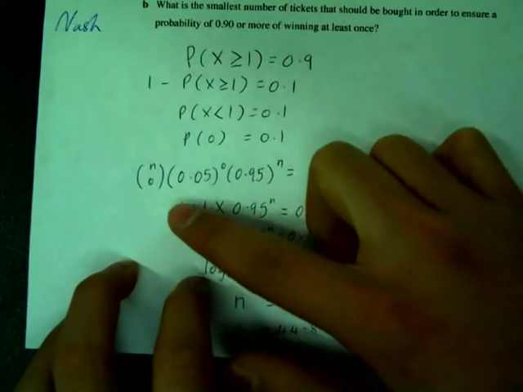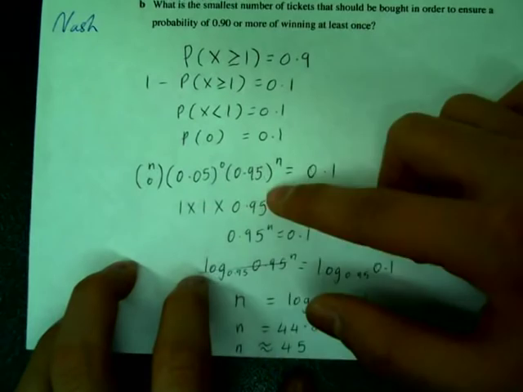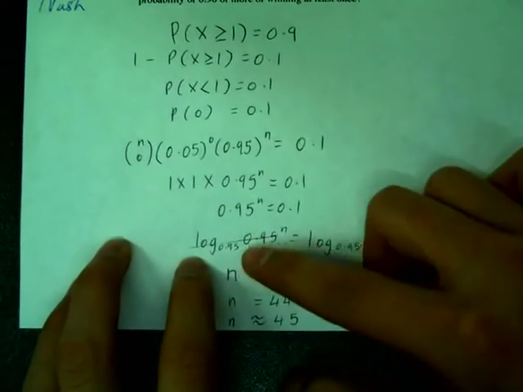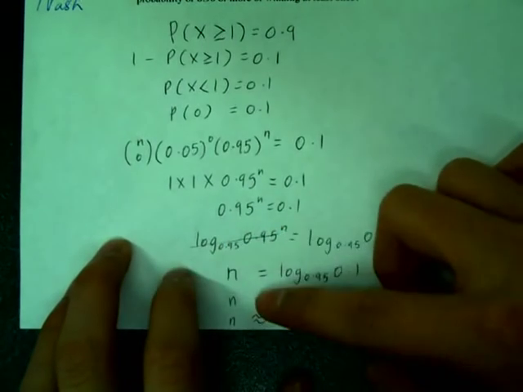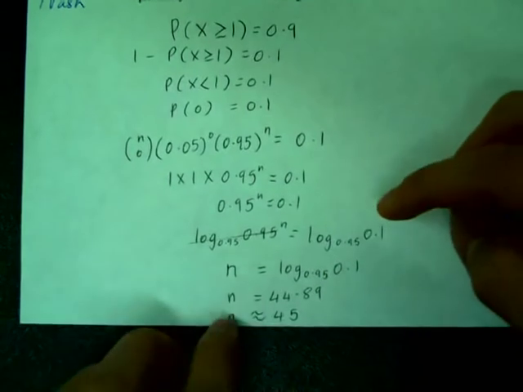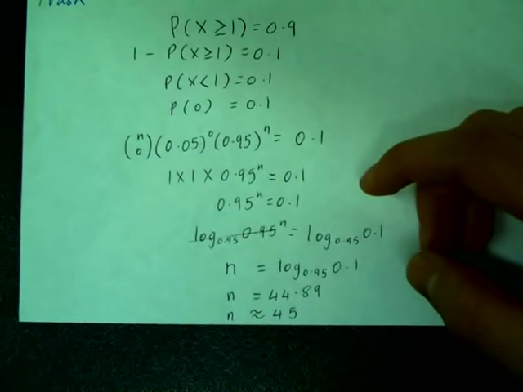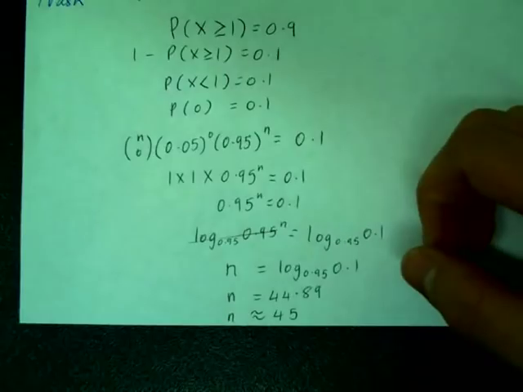Then n choose 0 is just 1, and whatever's raised to the power of 0 is just 1, so you work that out. And you take the log of both sides, so n equals log of 0.1 over log of 0.95, and you put that in your CAS and you get 44.8, and you just round it off to the nearest number.